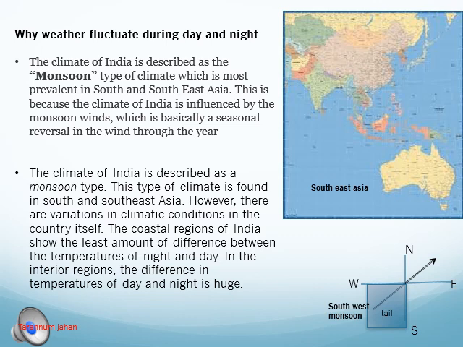Just see the tail of this wind, and see what is coming in the box, the square that has been made. This square consists of west and south. The tail is on the south and western side of the map, which is why we call these winds southwest monsoon.